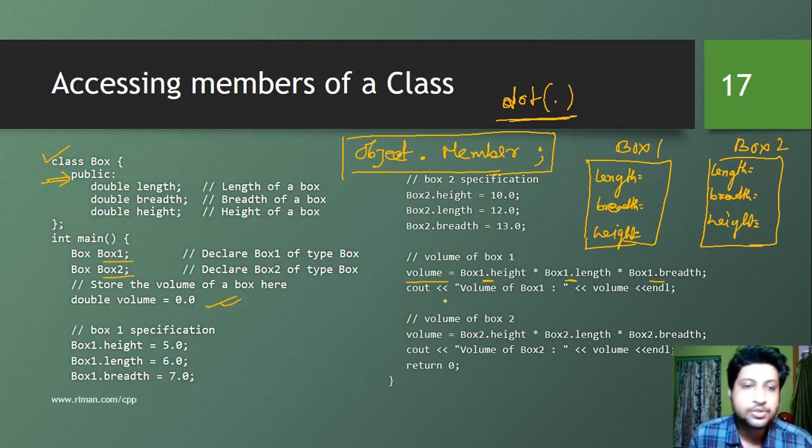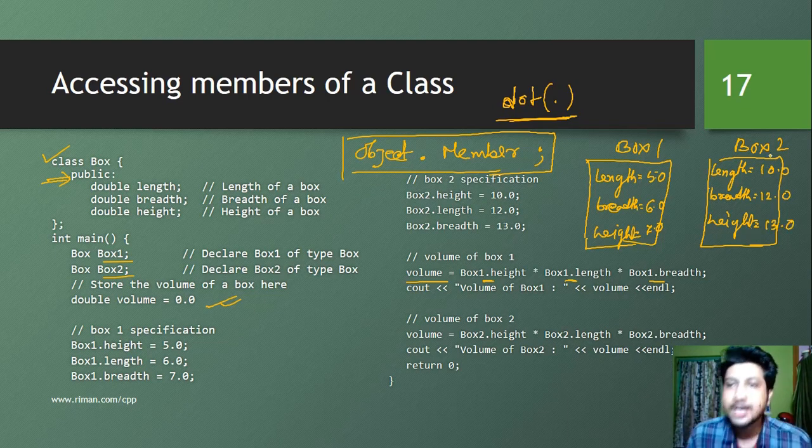So what is happening here? Whenever we assign box 1 dot height 5.0, in box 1 it is 5.0, 6.0, and 7.0. This is happening on box 1, and whenever we specify box 2, box 2 dot height is 10.0, then 12.0, 13.0.